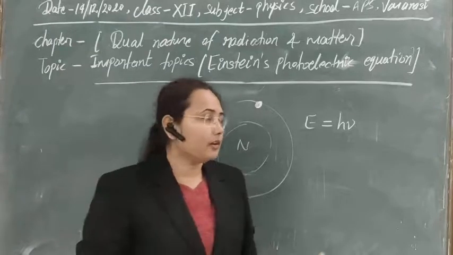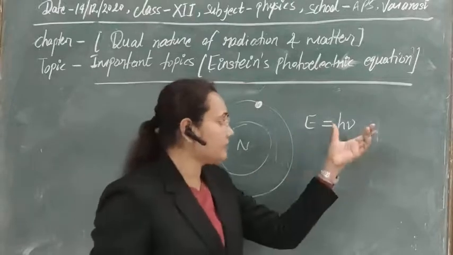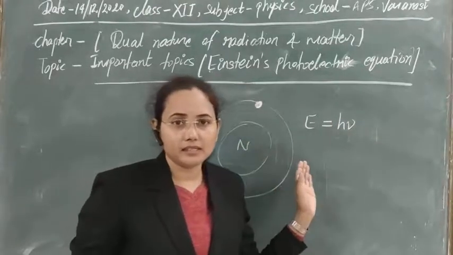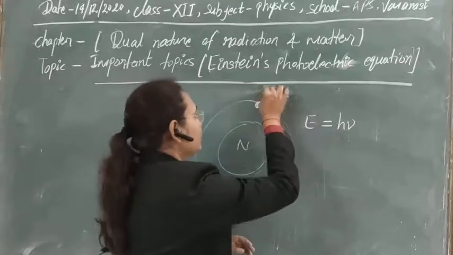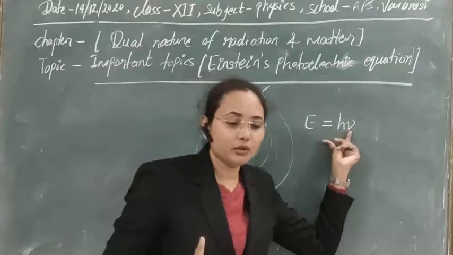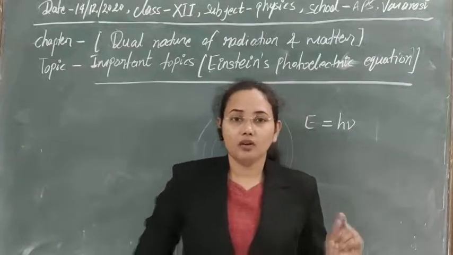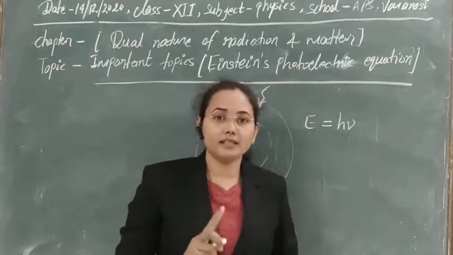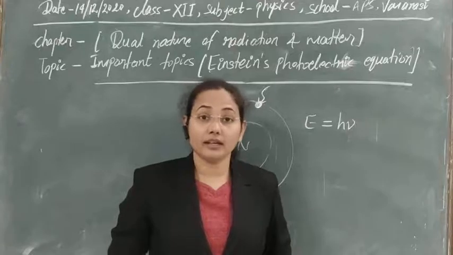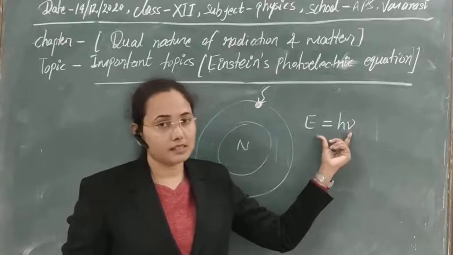So first of all, if a photon or radiation is incident on this metallic surface, then this electron receives the whole of the energy. One more thing: the electron will always receive the whole energy of one photon, whether it is sufficient or insufficient or greater, whatever energy the radiation has.